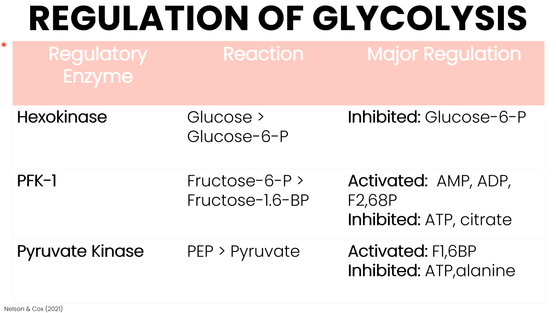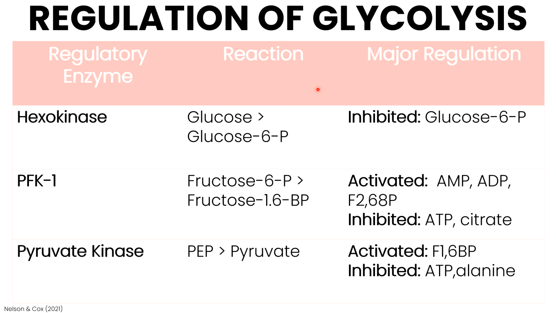So instead of thinking of glycolysis as a pathway that simply turns on whenever glucose is present, think of it as a pathway whose flux is continuously adjusted according to the metabolic state of the cell. So high energy signals generally slow glycolysis.